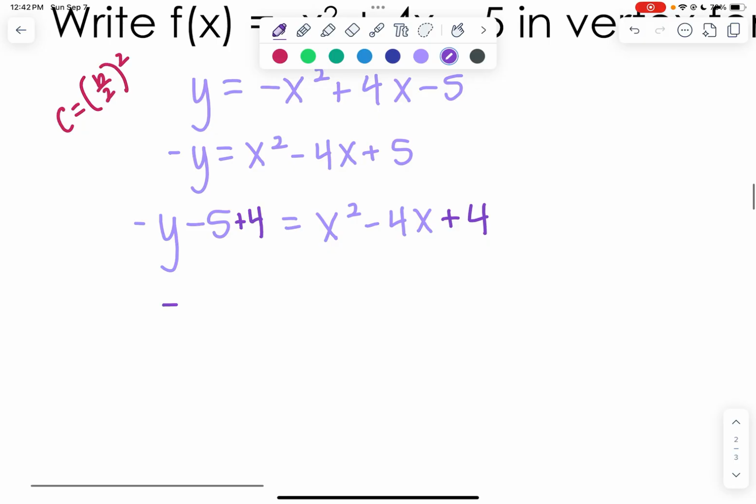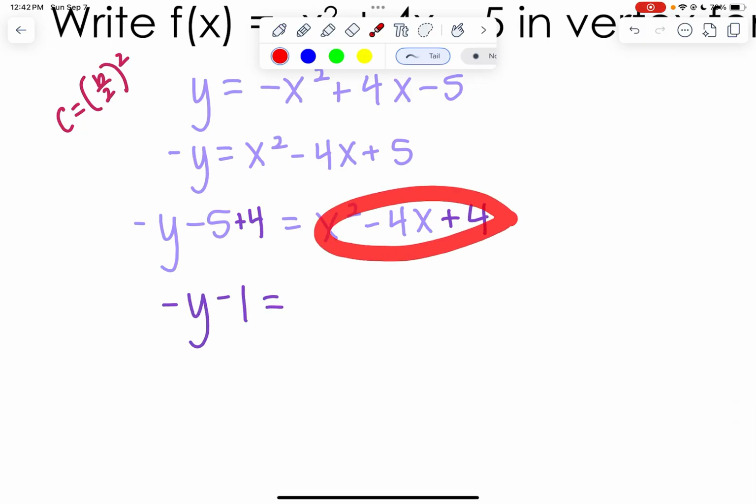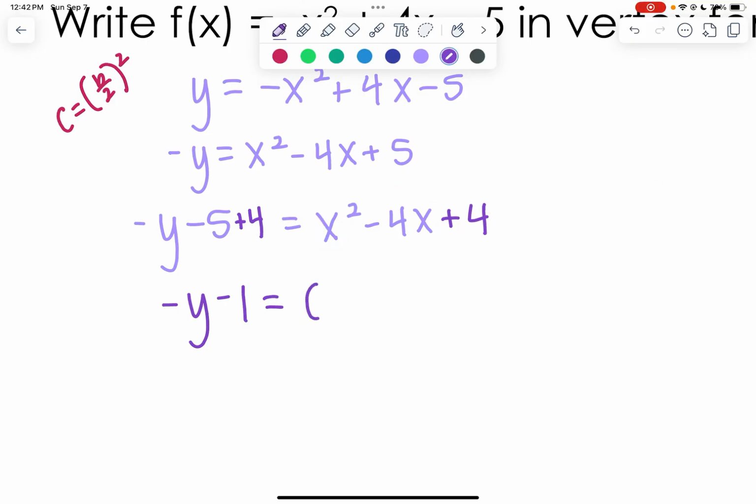So now I have negative y minus 1 equals, I completed the square, I turned that into a perfect square trinomial. So now I can factor that, and that's going to be x minus 2 squared. Okay. Don't forget that you can go back. Like I made videos on all this, right? So you can go back and watch the video on completing the square if you do forget how to complete the square.